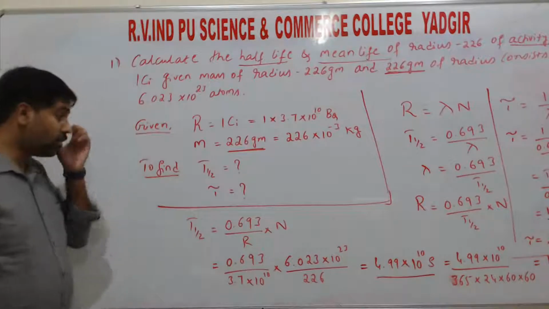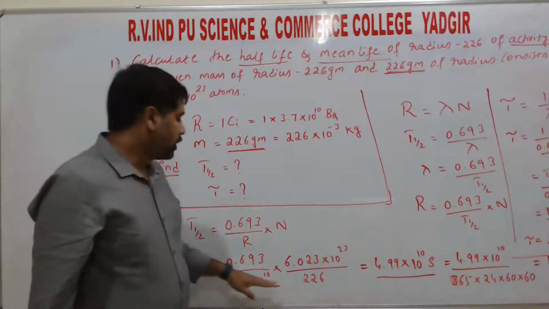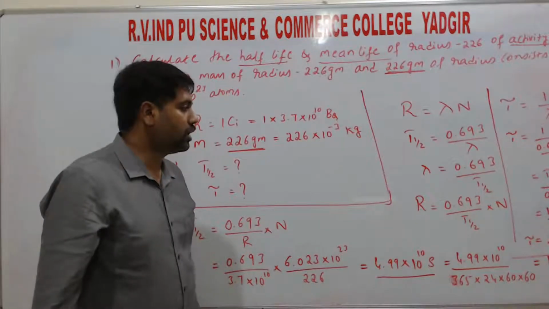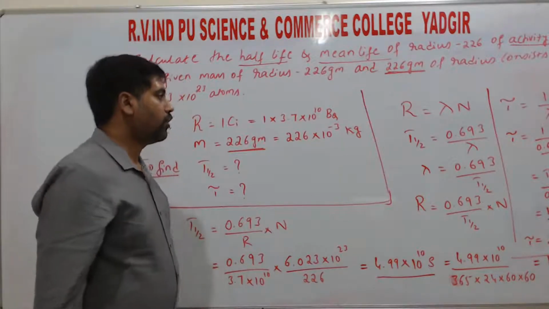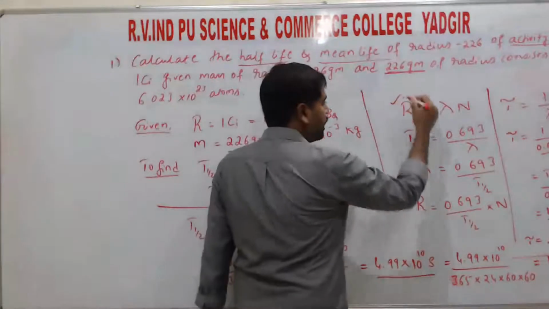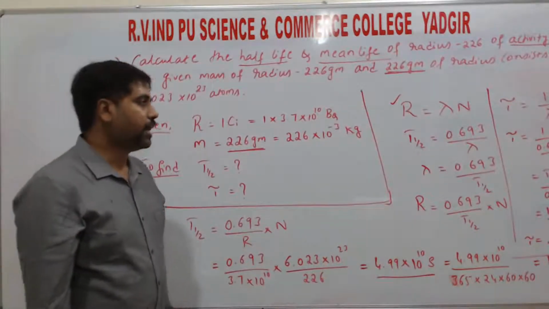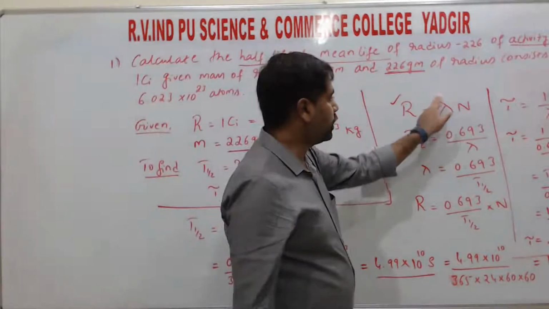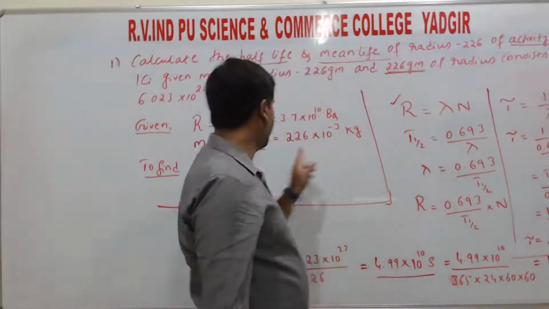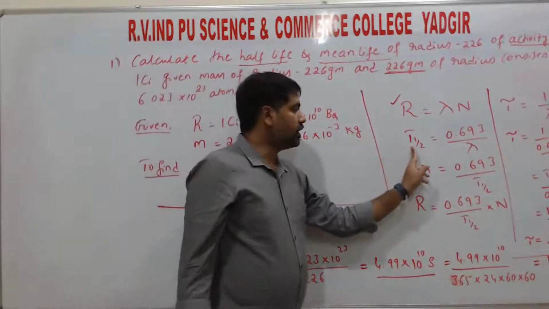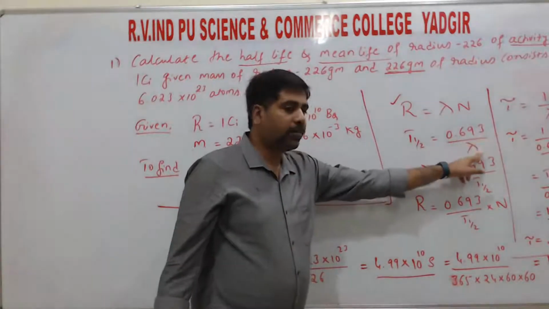While solving the problems, you need a calculator. By using a calculator, you can simplify these values, right? So the main important formula here is the activity R is equal to lambda N. So here we don't know the value of the decay constant, right? So here we need to find the T half. So that's why we write the relation T half is equal to 0.693 by lambda.